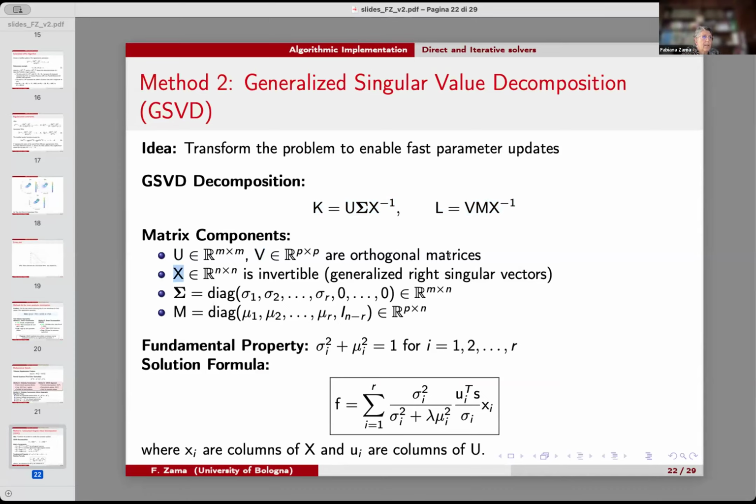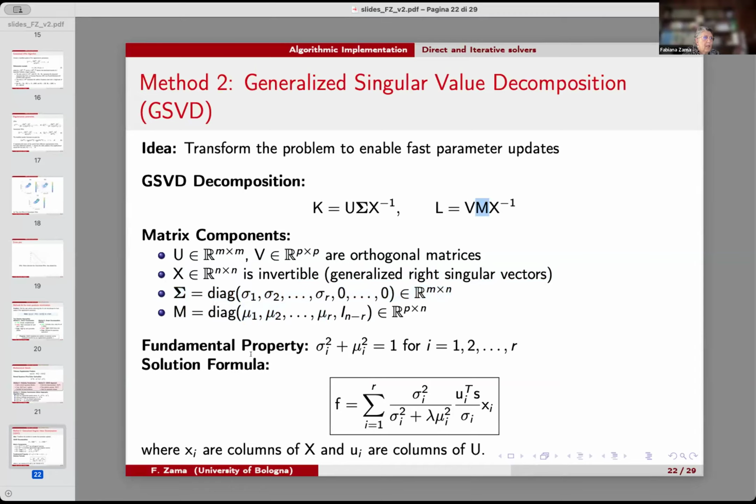And we have two diagonal matrices, sigma and mu. This sigma is similar to the singular values in the original singular value decomposition. This matrix mu contains an identity and some terms that are related to the L matrix.